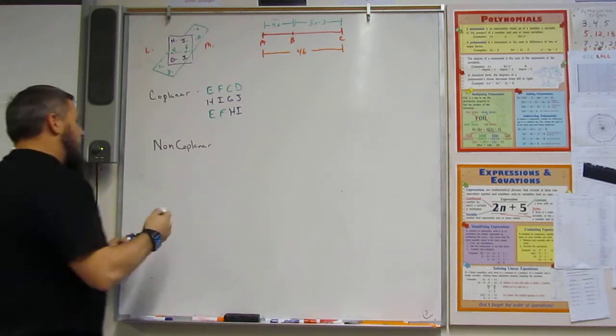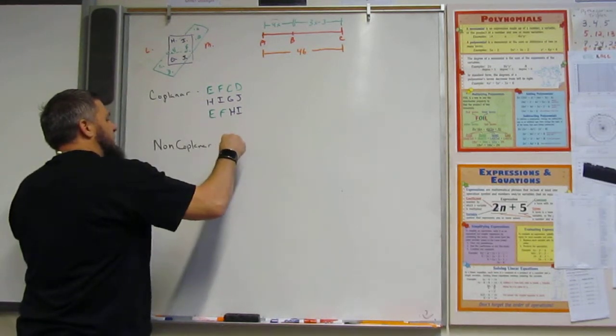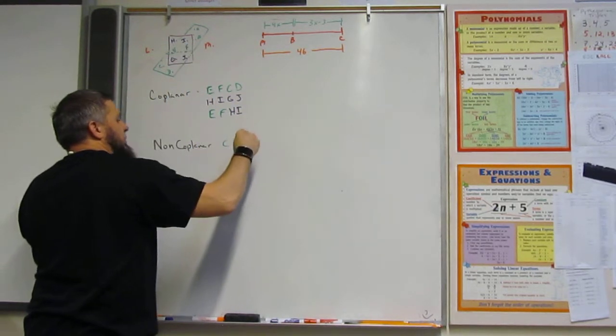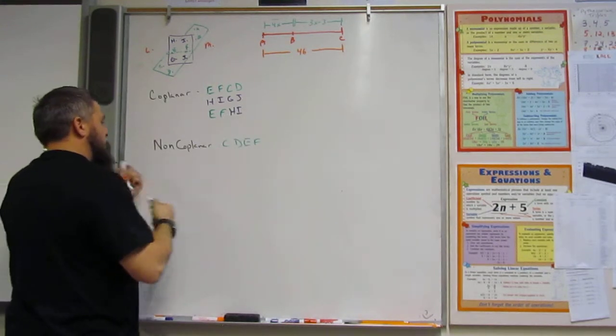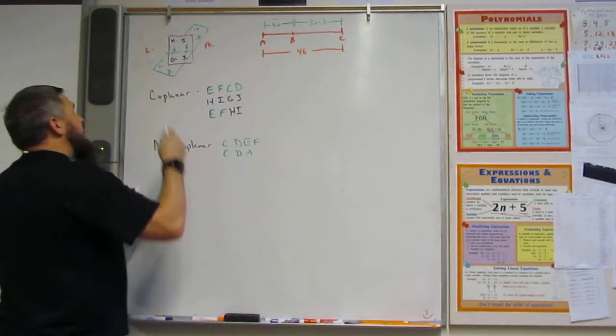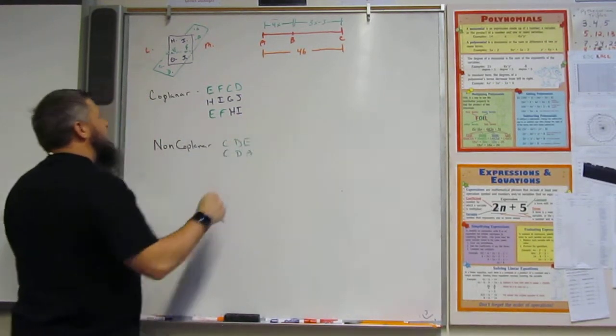So I could use C, D, E, and F. I could choose C, D, A, and then L. Wait, E and F would be 4 of the same color.